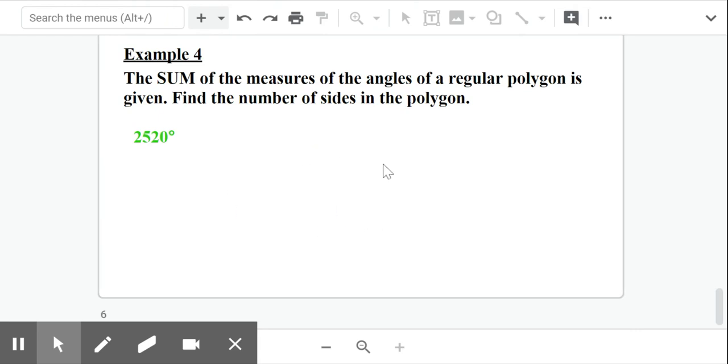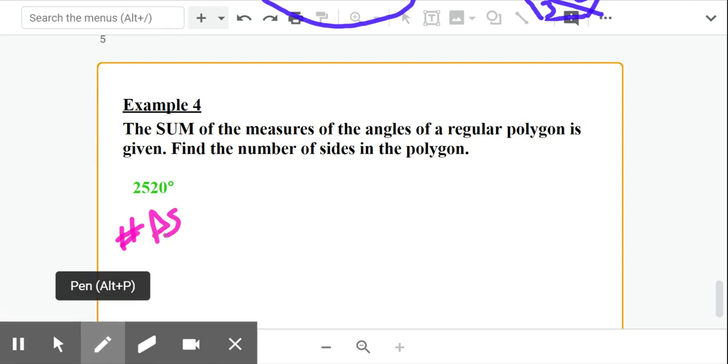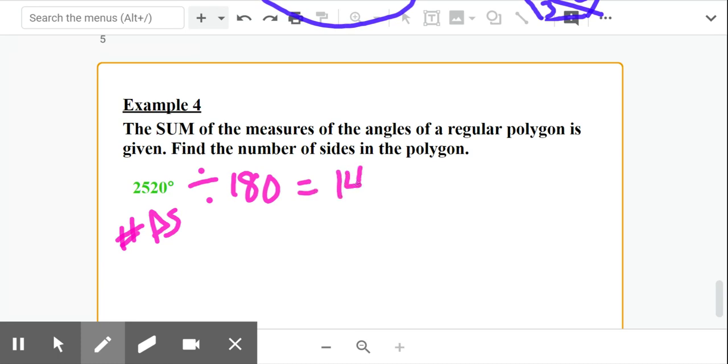All right, example 4. Again, the sum is given, and we need to find the number of sides. So the first thing we need to do is figure out how many triangles are in this shape. To get the number of triangles, we're going to divide by 180. And that gives me 14. Once again, that 14 is referring to the number of triangles within the shape.